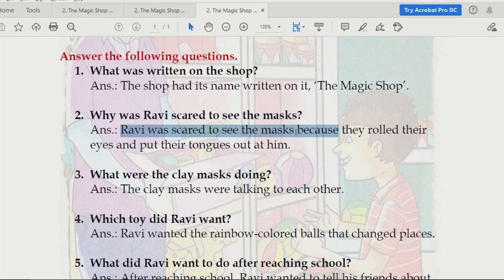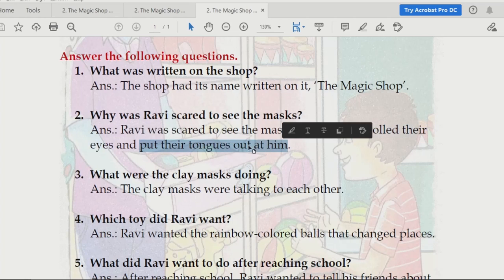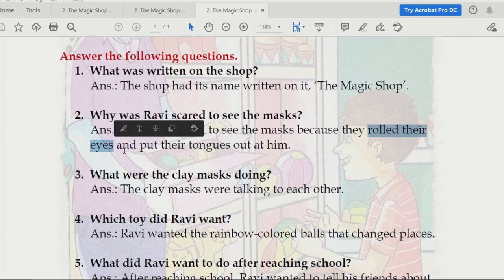Ravi was scared to see the masks because they rolled their eyes and put their tongues out at him. Now if somebody puts out their tongue at you, you may not get that much scared. But if by chance somebody starts rolling their eyes, that looks scary.